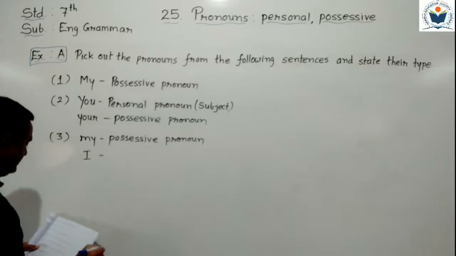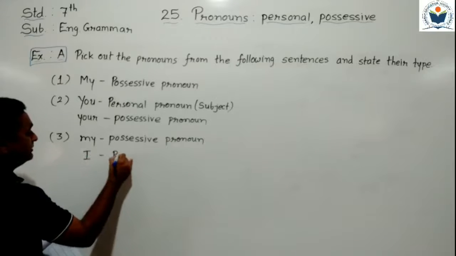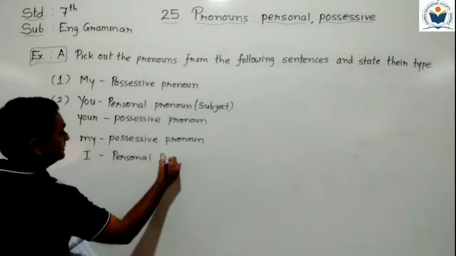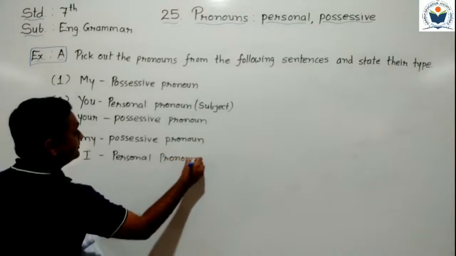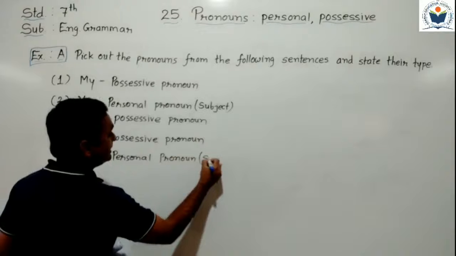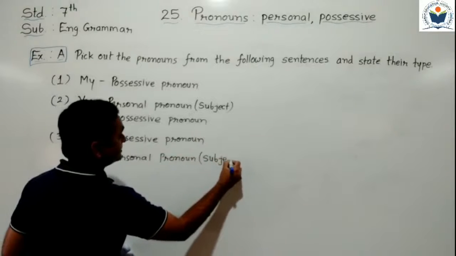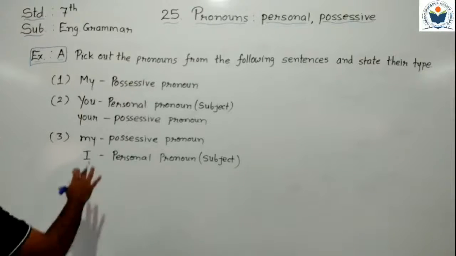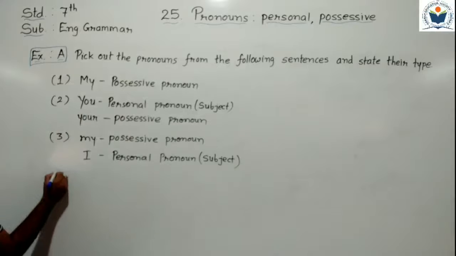But which type of pronoun? It is a personal pronoun. It is used as a subject here. We can say subject personal pronoun. So we have to write subject in brackets here. Can you understand? There are two pronouns in the third sentence.